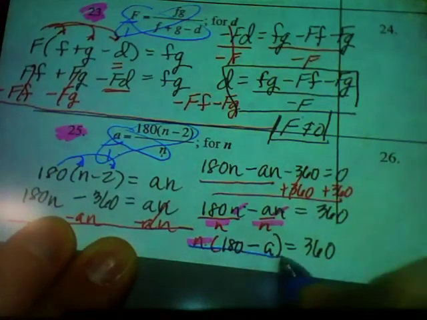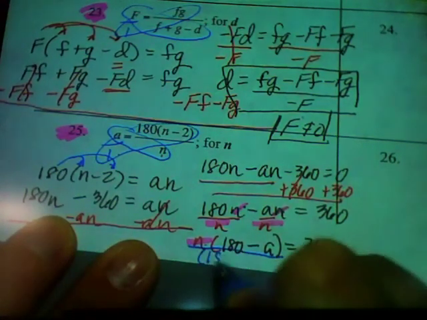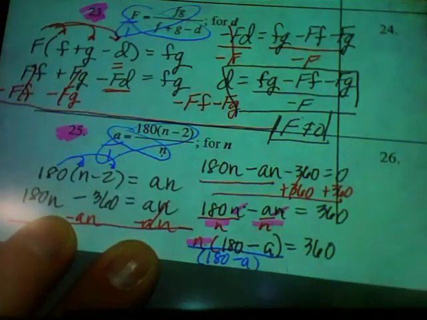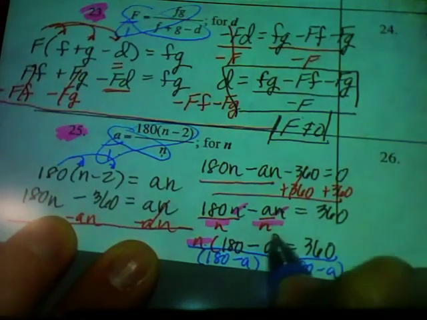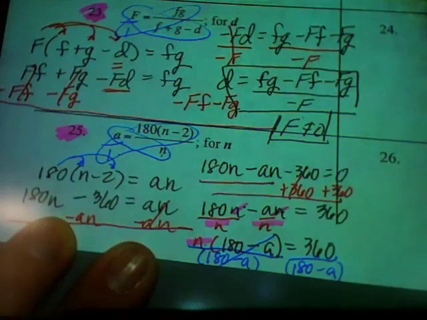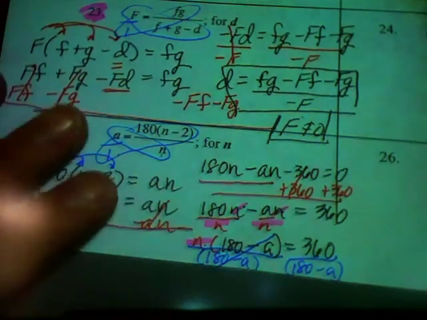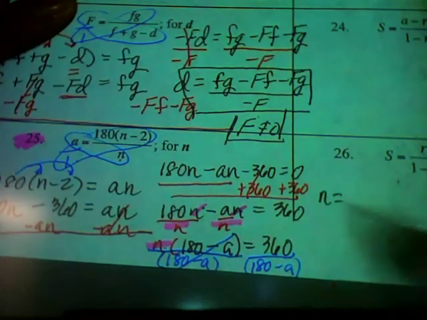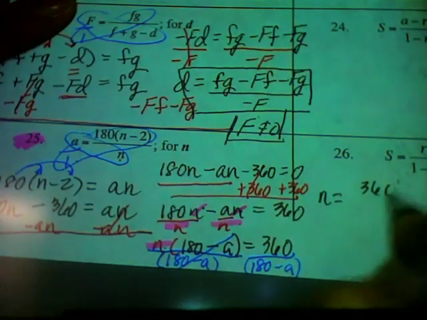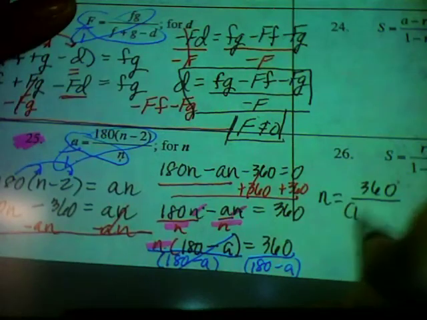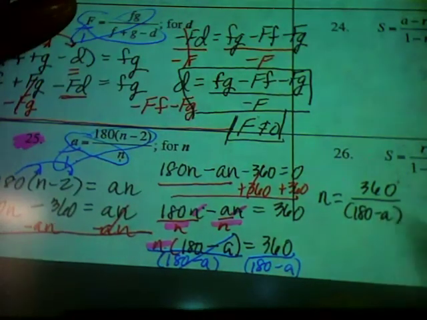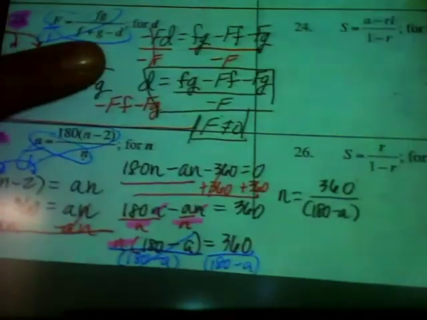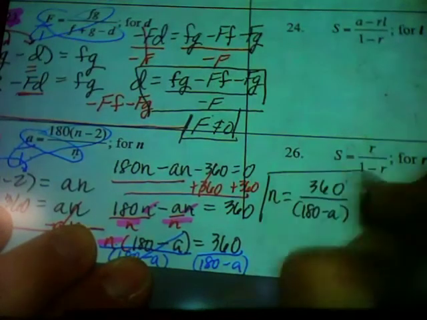So I'm going to divide this by 180 minus A. So don't the 180 minus A's cancel? And so I get N equals 360 over 180 minus A. So that's my final answer.